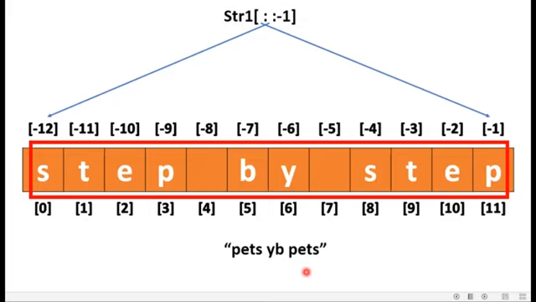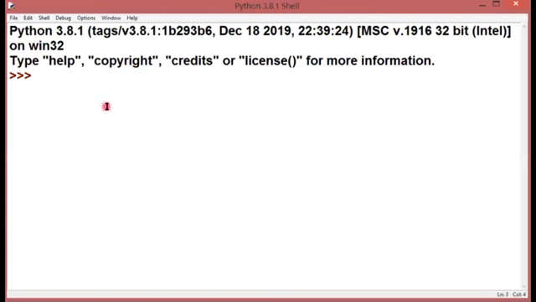Now we are going to practice practically also. That means whatever we have talked about here, I'm going to show you practically. So let's move on. So this is my interactive mode. I'm going to take one example as str1 is equal to computer. Okay, so this is my string.